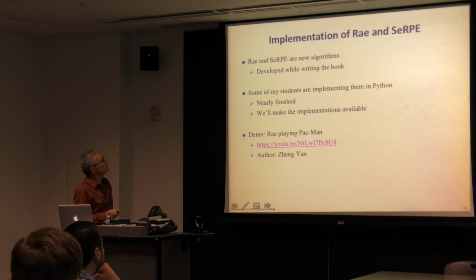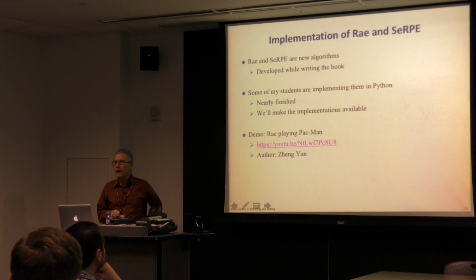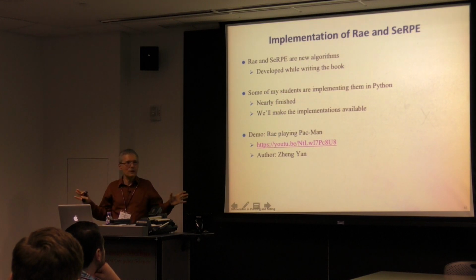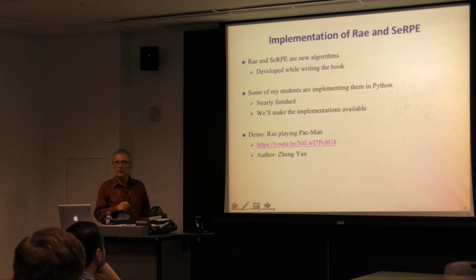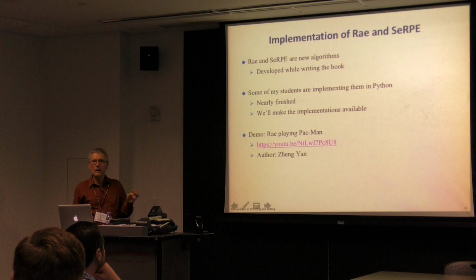Ray and Serpe themselves, they're new algorithms. We developed them while writing the book. We don't have any detailed publications about them elsewhere. Several students in an AI planning class that I taught this semester had a term project of implementing them in Python. They aren't quite at the point where the code can be released yet.